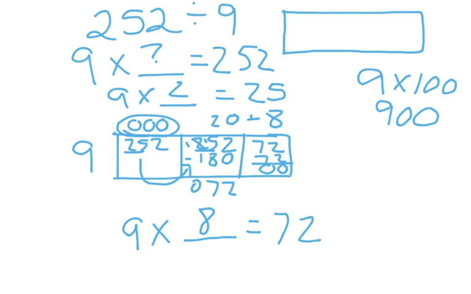It goes in evenly. So really what we're looking at is a 20 plus an 8, or 28. So to solve this problem, 9 times 28 is going to give us 252. Okay? So that's the way we're going to solve that problem.